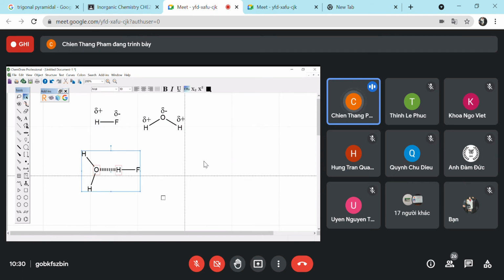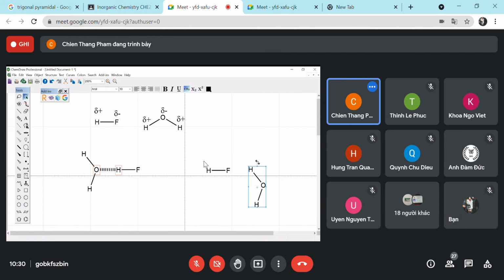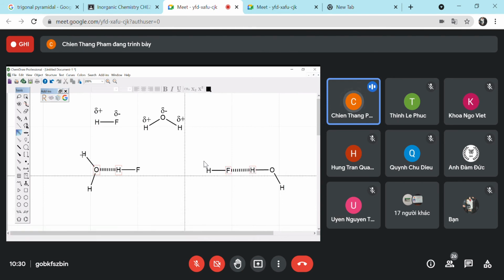Similar to this one, however it looks different. It's between the hydrogen of water and fluoride of HF.